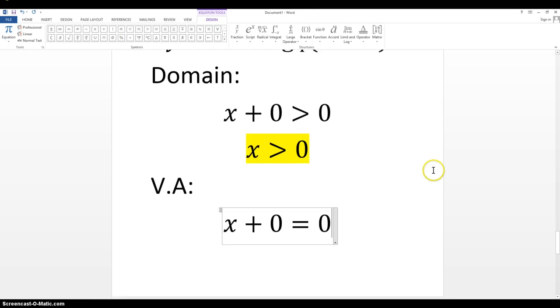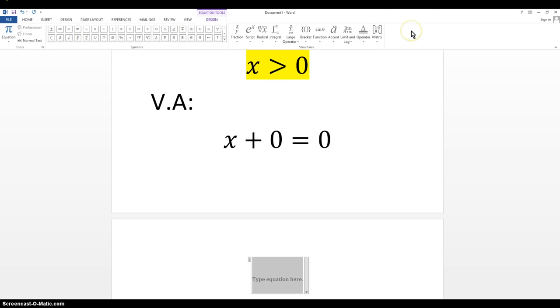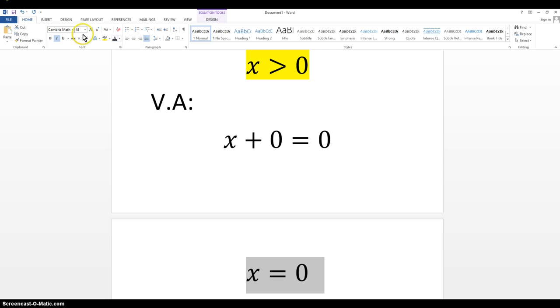Okay, well in this case, what's my answer? x equals 0, correct. So far I have x equals 0 as my vertical asymptote, and my domain is x is greater than 0. Okay, so we have to highlight this.